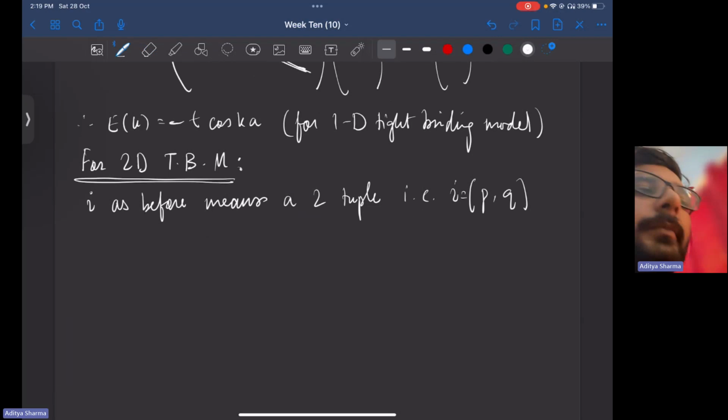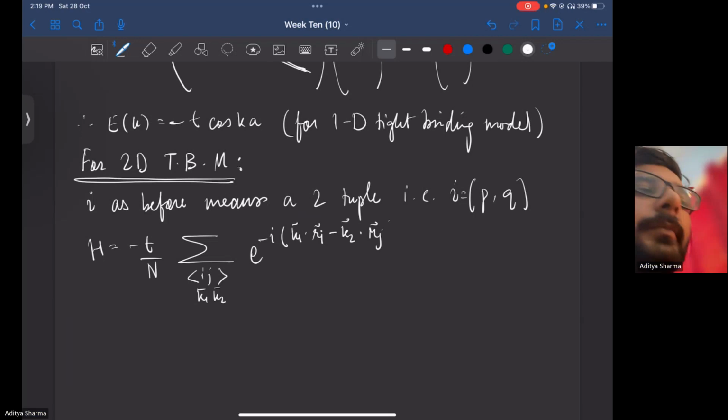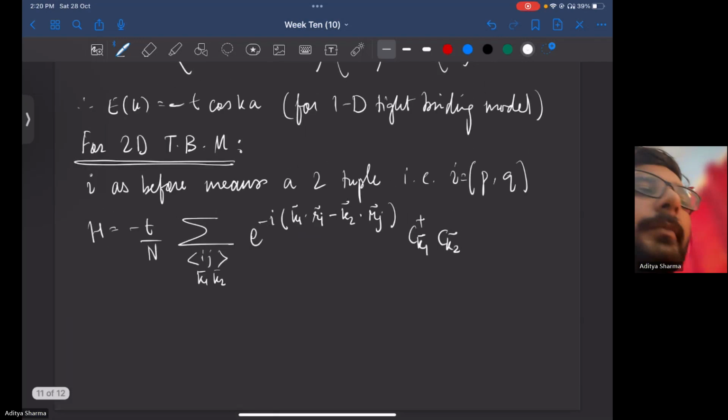Therefore, the Hamiltonian which we had is going to be, and these are vectors now, e to the power minus i k1 (R_i minus R_j) c_k1 dagger c_k2. The R_j vector is the R_i vector x minus a0, okay, in the x direction.